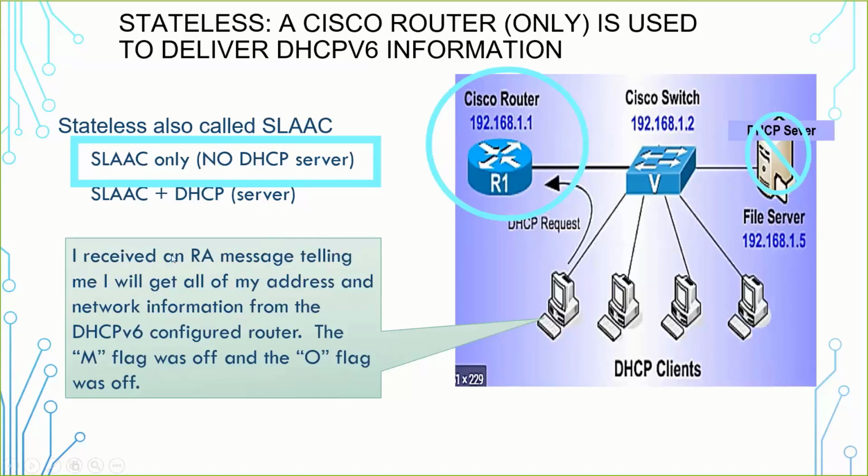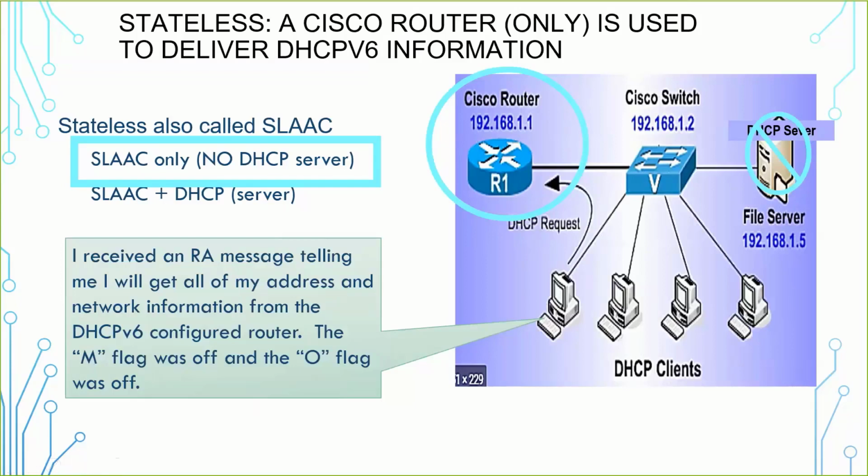It's like, hey, I received an RA message, so it's received a router advertisement, and the router advertisement is telling me that I'm going to get all of my information, my address, my network information, my DNS server, everything from the DHCPv6 configured router. So the M flag is off, right?